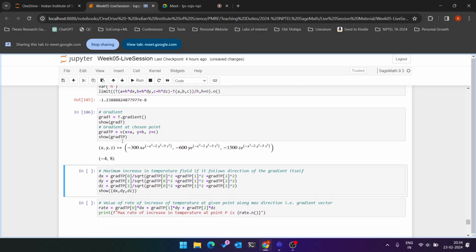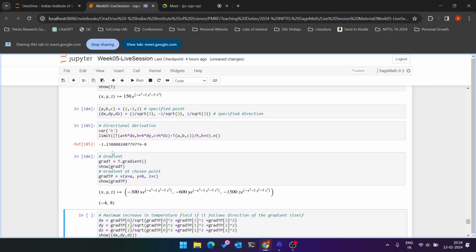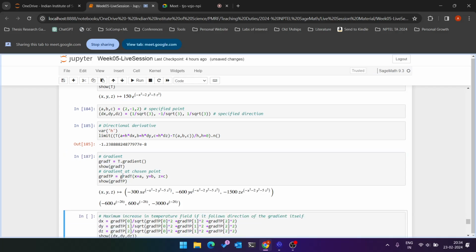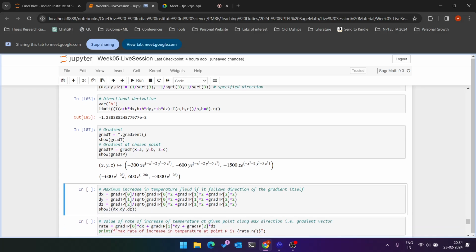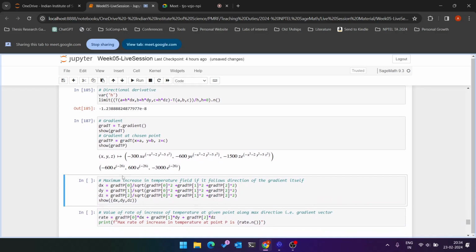This is the gradient of T, carried forward from one of the previous calculations. So this is how my gradient expression looks, and the second thing below is my gradient expression evaluated at the point a, b, c.